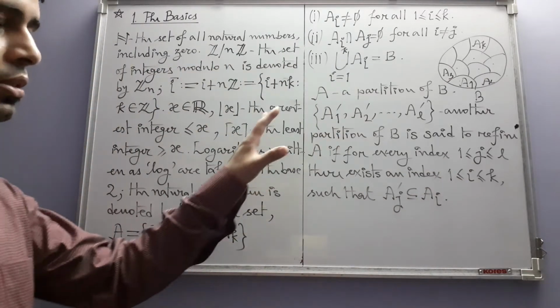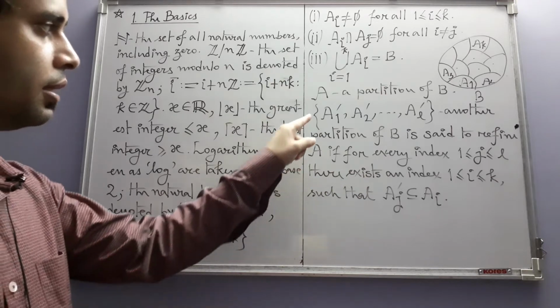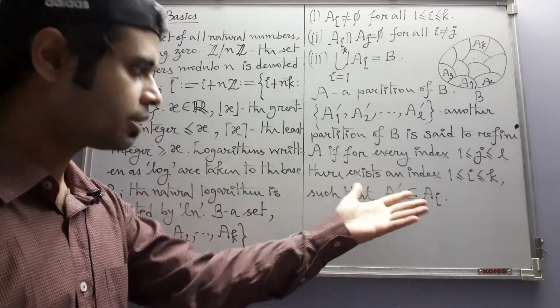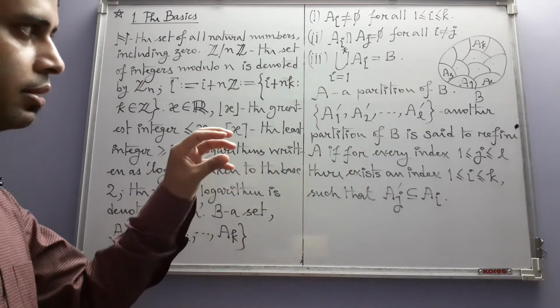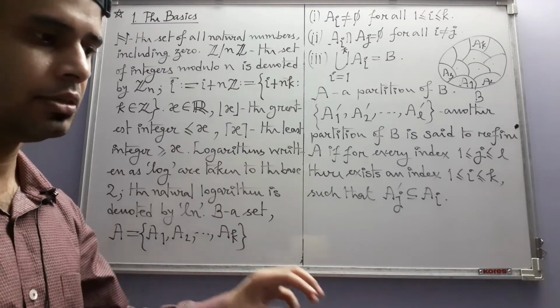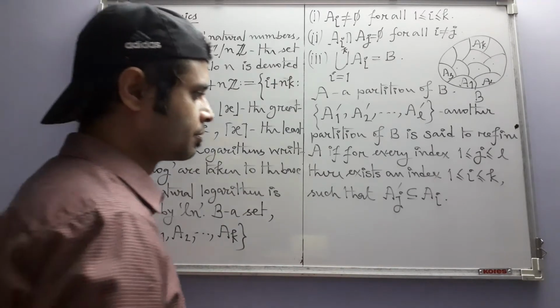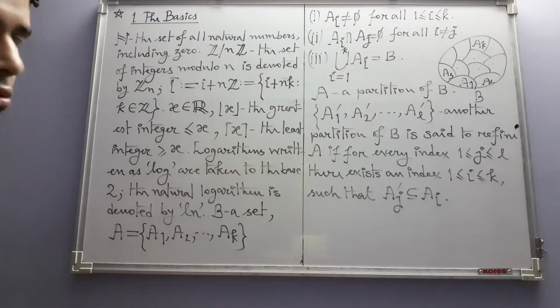That means this new partition is said to refine the old partition if each set in the new partition is contained in some set of the old partition. That means each new room is contained in some old room. Okay. Then we say that the new partition refines the old partition.